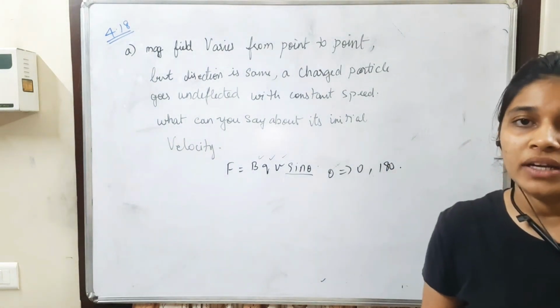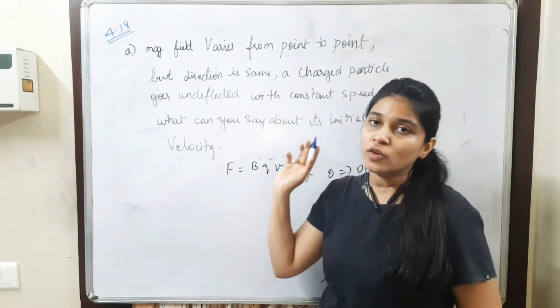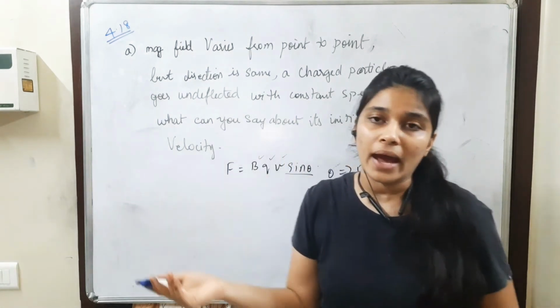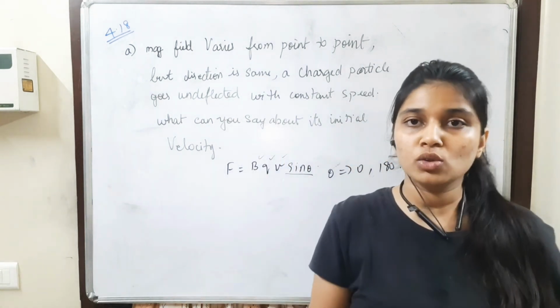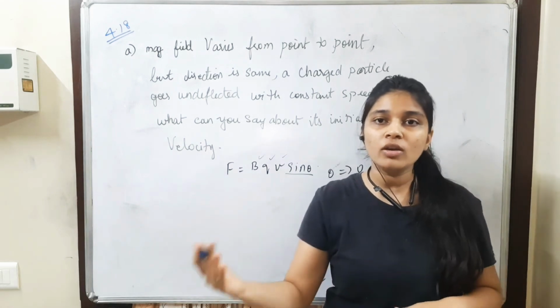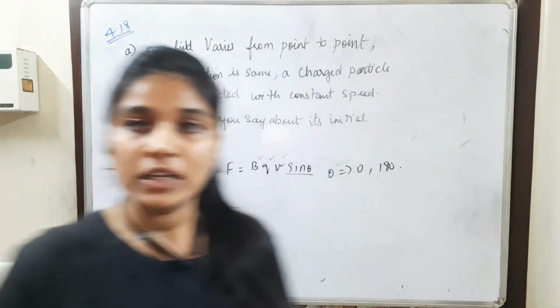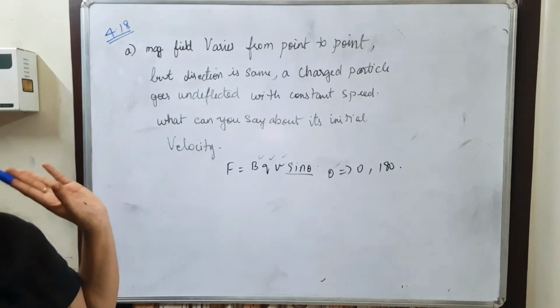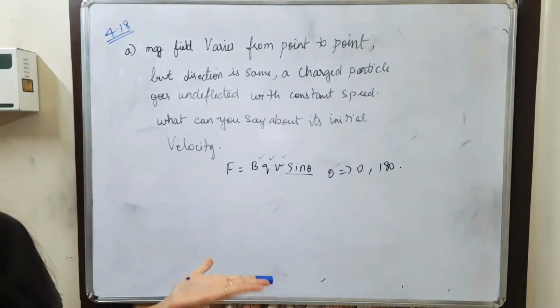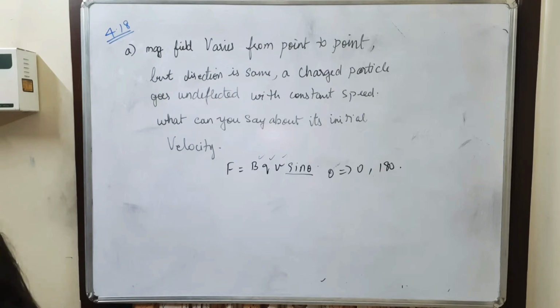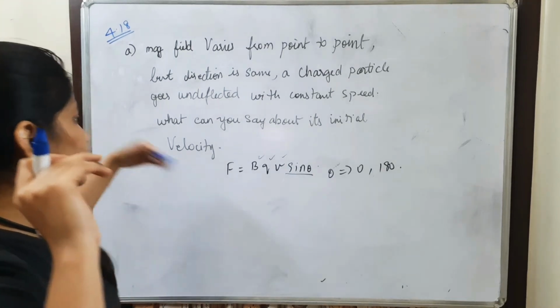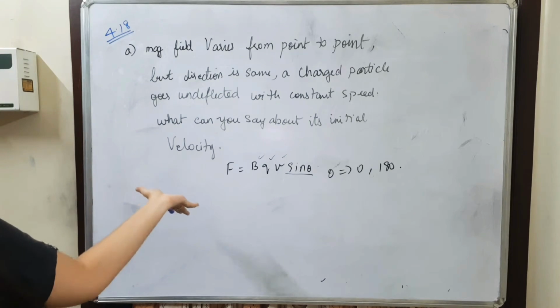So the charged particle is parallel or anti-parallel to the magnetic field. That is why it goes undeflected and its velocity also remains constant. So there is no change in the way the charged particle moves. So the initial velocity of the charged particle is what? It's undeflected.